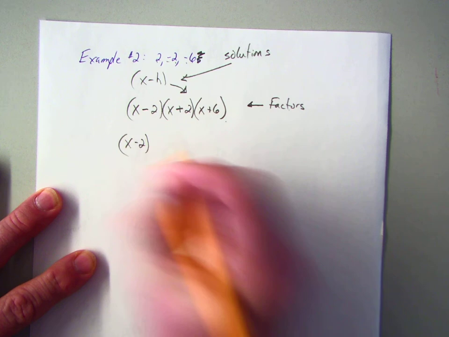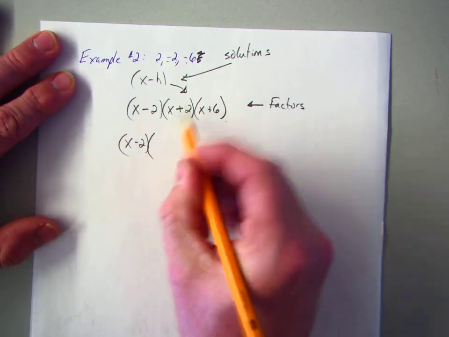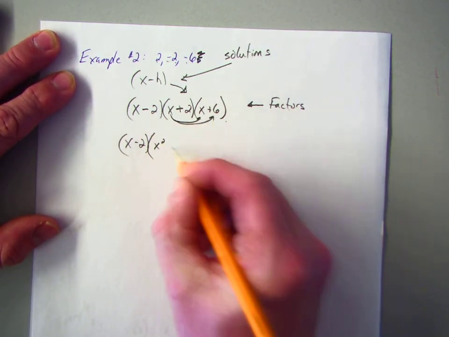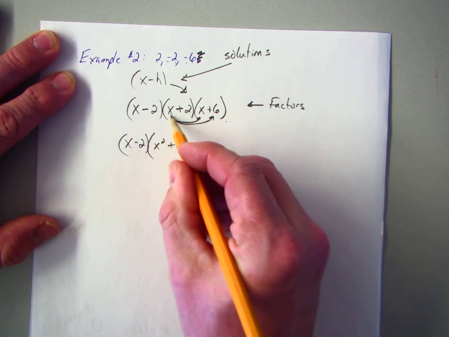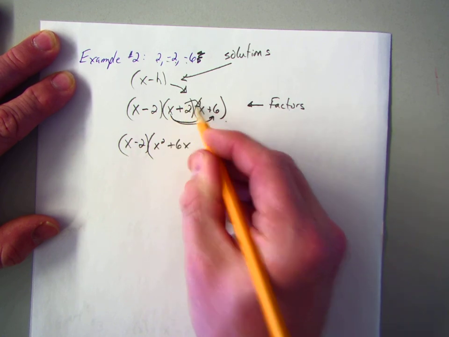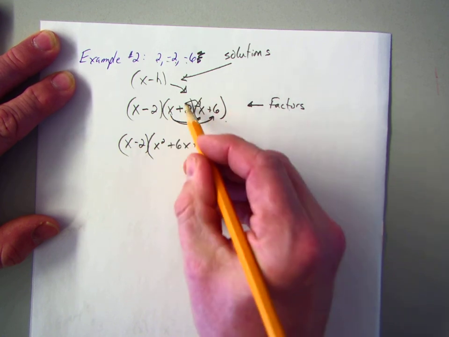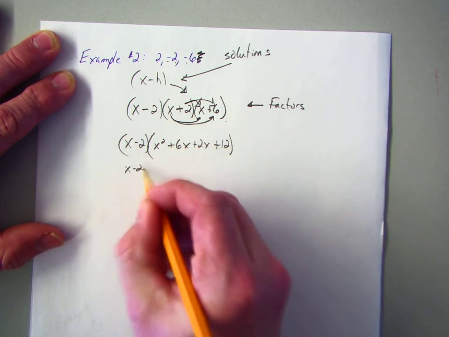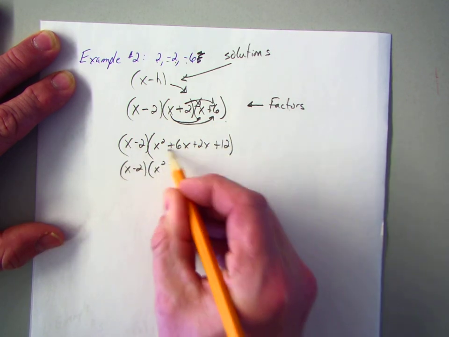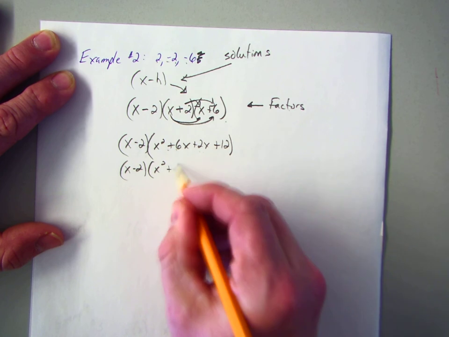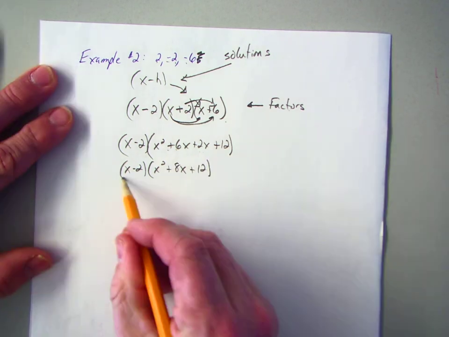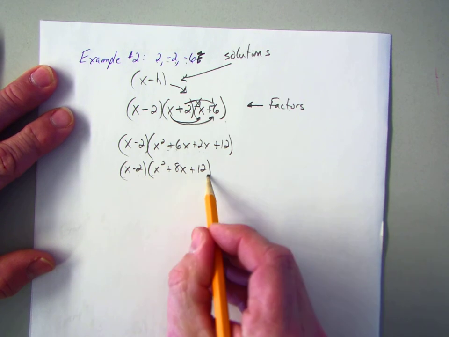So I take the first binomial. Here we go. I'm going to do x times x, x times 6, 2 times x, and 2 times 6. Combine like terms. I got a positive 6 and a positive 2, so that gives me a positive 8x. And now I distribute this binomial through this polynomial.